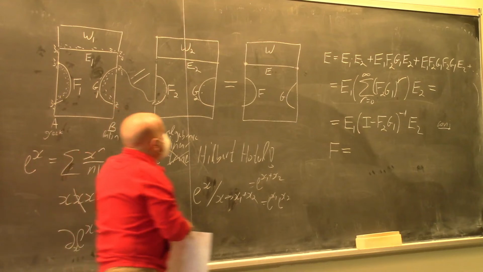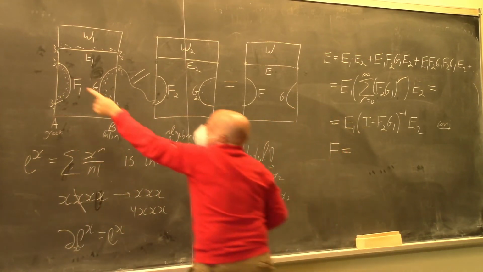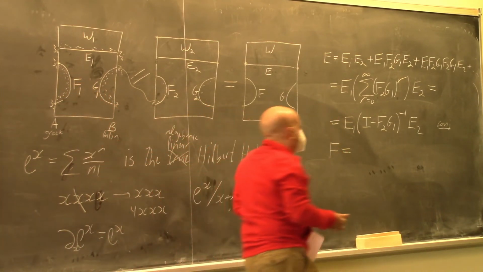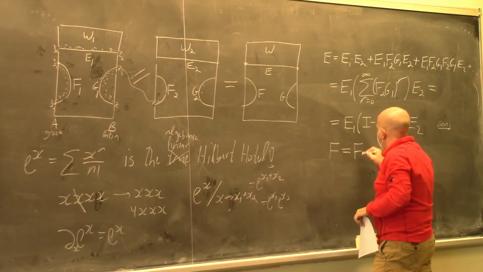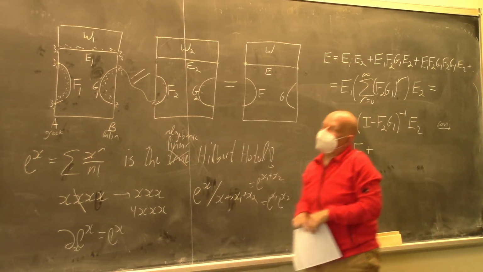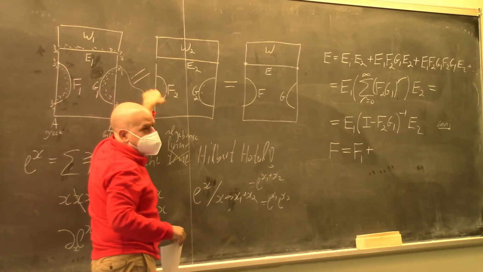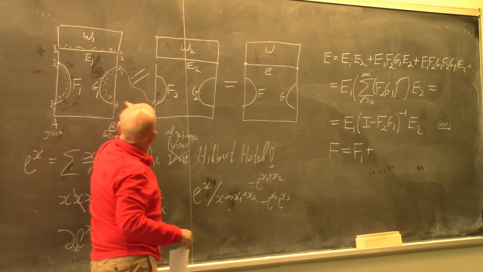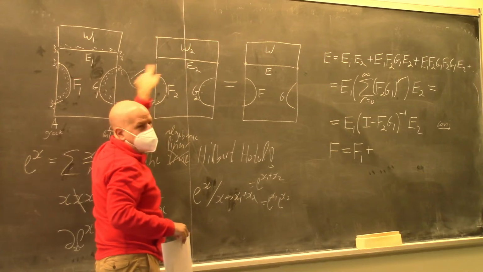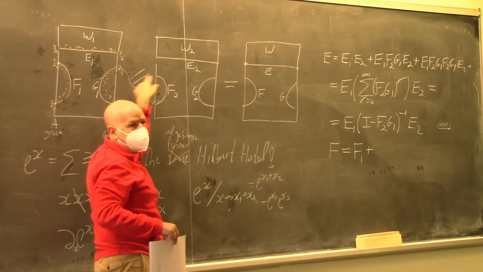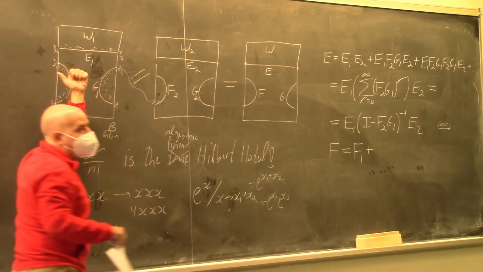One possibility is to just exit with the F1 that I have. Another possibility is to go through E1 to here, then loop between F2 and G1 a number of times, and then come back with E.